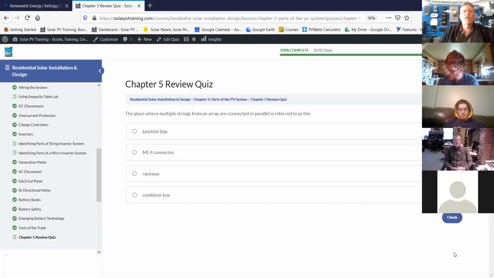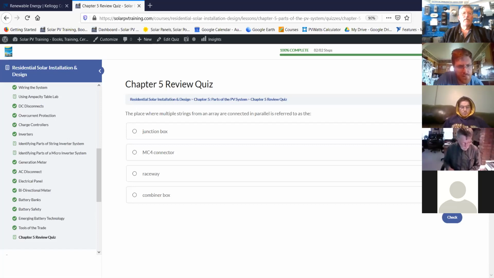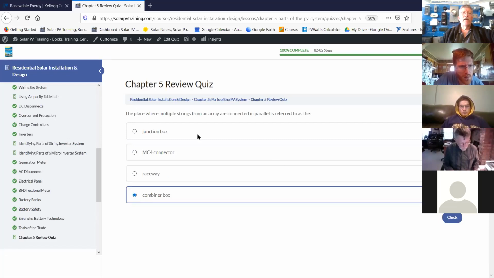Okay, the place where multiple strings from an array are connected in parallel is referred to as, it's what Corey and I were talking about early on. Junction box. Junction box, actually it will be a combiner box because we're making a parallel connection.